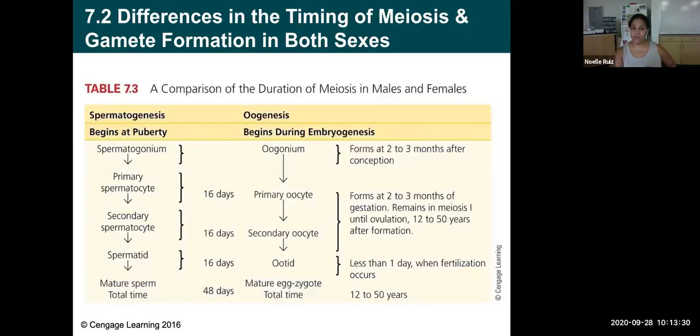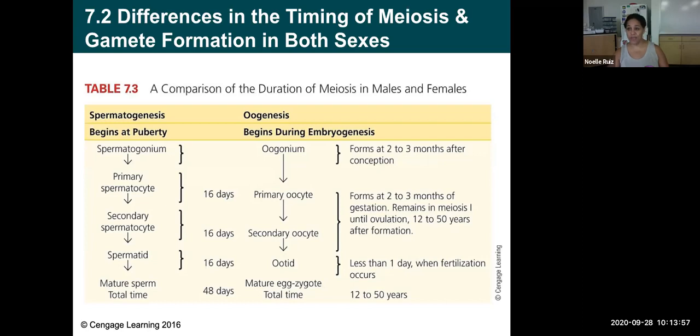Another table, 7.3, a comparison of the duration of meiosis in males and females. You can see spermatogenesis for males lasts about 48 days to go from beginning to end. And females begin during embryogenesis, which is when we're in our mother's womb. Our female reproductive cells, the oocytes, the eggs, begin there.